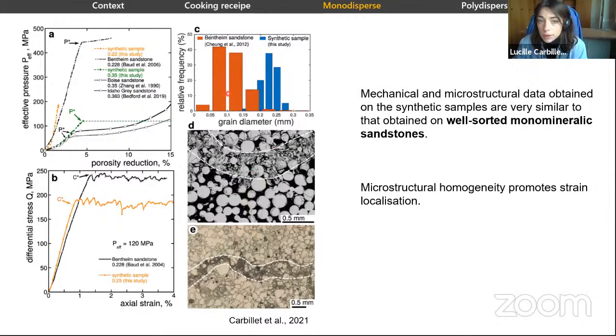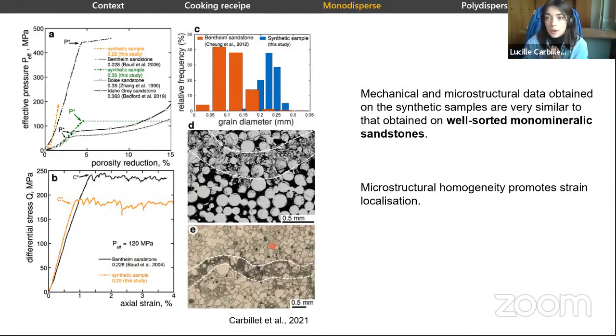You have their distribution in figure C, and in D and E, you can see a compaction band that was formed in a synthetic sample in D, and a compaction band formed in Bentheim sandstone in E. We see that in terms of geometry, these compaction bands are very similar.